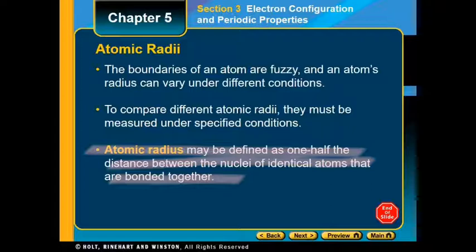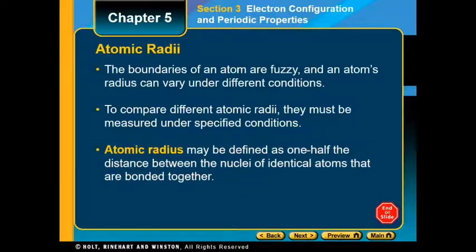You've got your electrons that are moving super fast in a wave-like motion, spinning on their axis. So because of that cloud-like edge that atoms have, we bond 2 atoms together and take half the distance of that bonded diameter. So that is atomic radius.